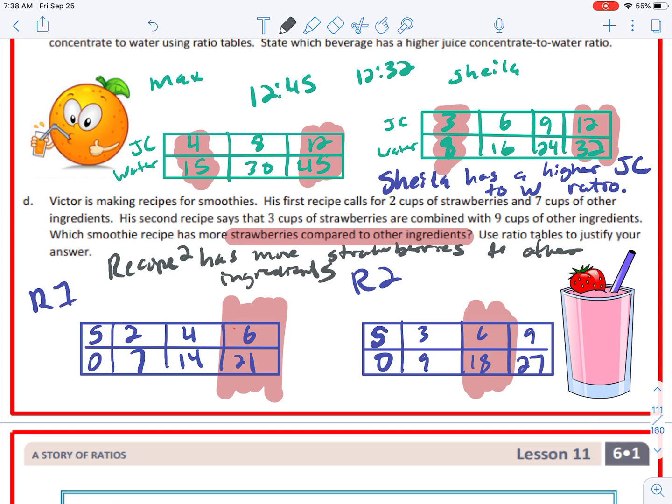When comparing 6 cups of strawberries, there were less other ingredients added in recipe 2 than in recipe 1.